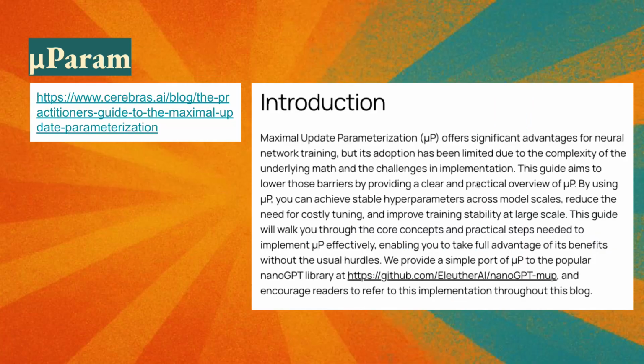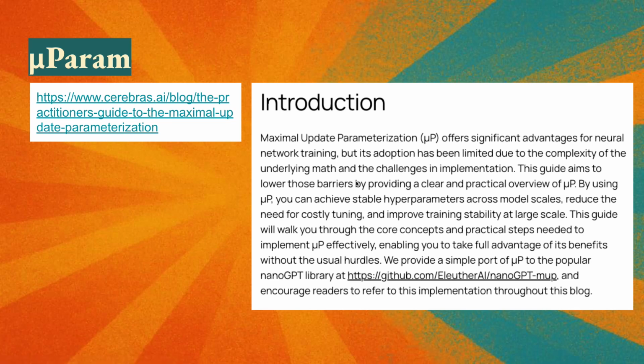I have not included the mu param analysis because this was something that would have taken me a lot longer to understand, and I'm keeping that out of scope for now. But I did find this really nice blog post by Cerebras AI called The Practitioner's Guide to the Maximal Update Parameterization.